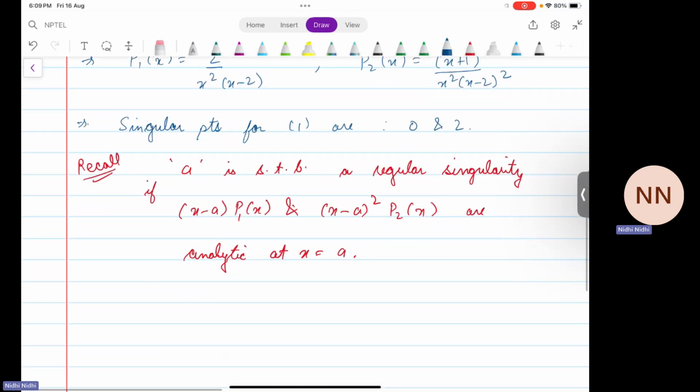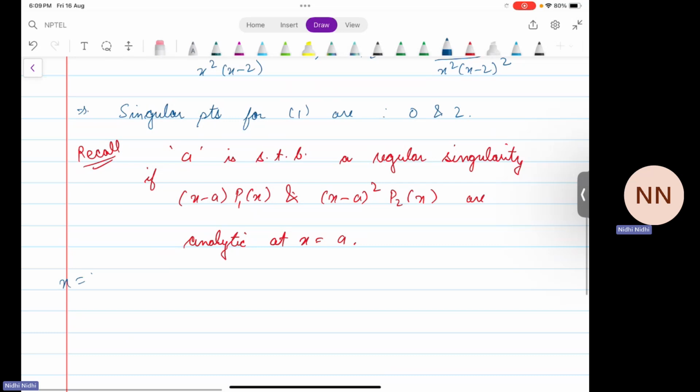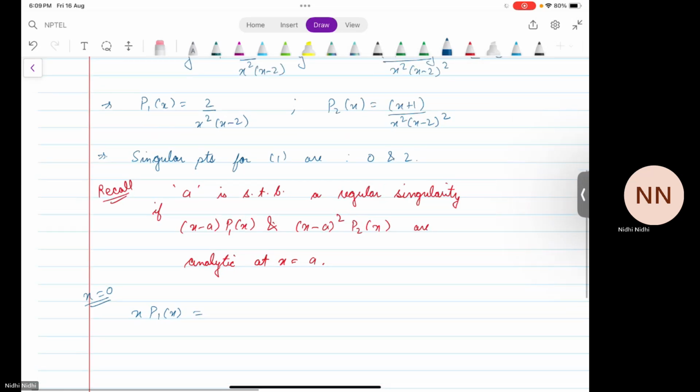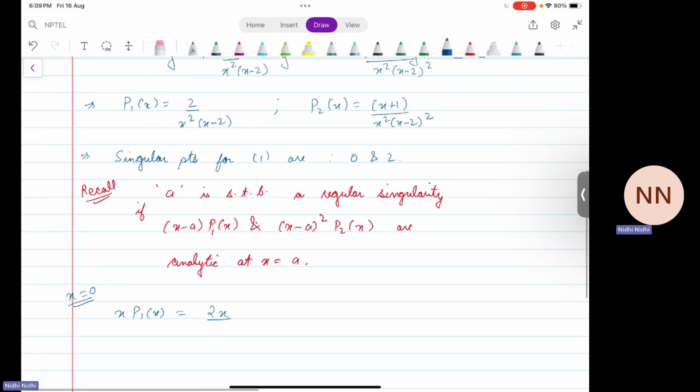So let's see with x equals to 0. Now x p1(x) is 2x by x square (x minus 2), which is 2 by (x minus 2)... Now this is not analytic at 0 because clearly it's not even well defined at x equals to 0.